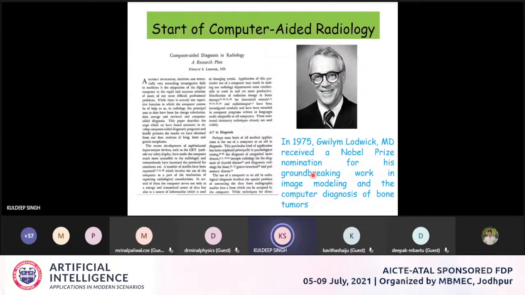So now, from the basics, let's switch to the main theme of this presentation. The story started somewhere in the 1970s, and Dr. Lodwick was the first one to apply any kind of computer-aided radiology.